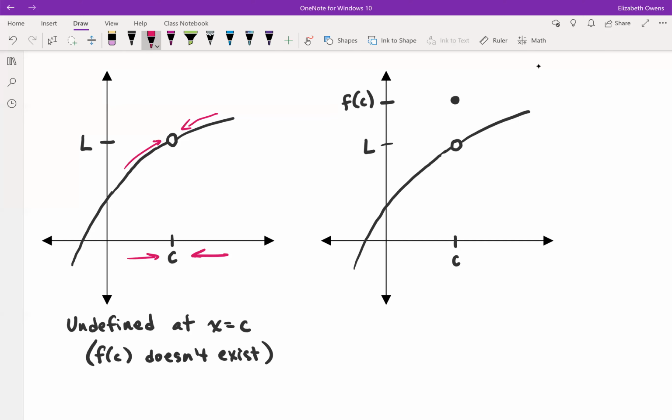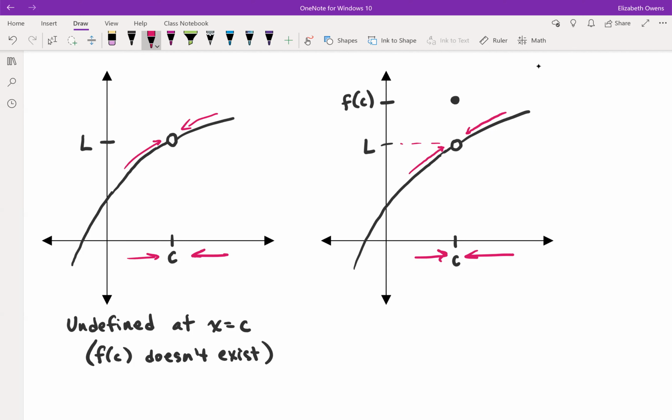So we're approaching x equals c from both sides. We put our fingers on the function and we trace in along the curve of that function. And where it looks like we're going, what it looks like we're approaching, is still this value L, okay? That's where it looks like the function is going.